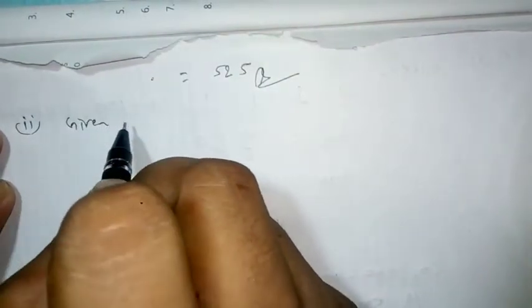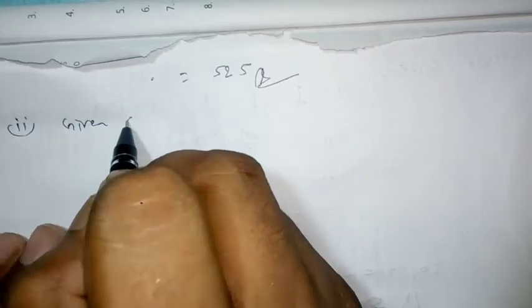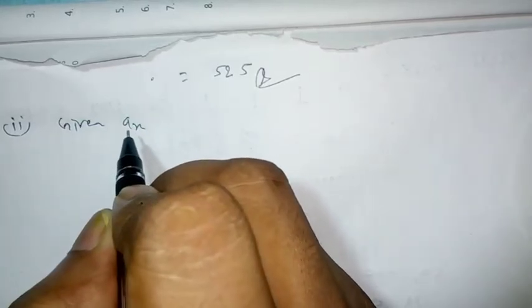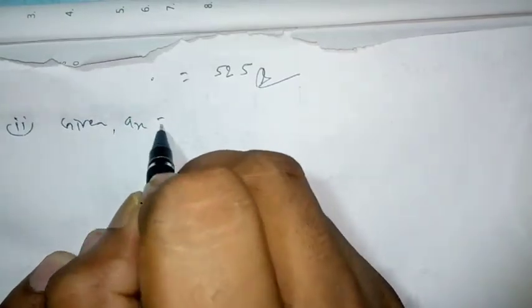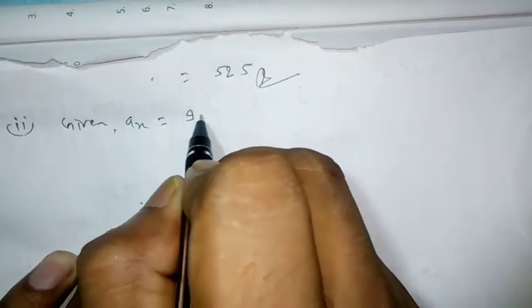The second question. Given an is equal to 9 minus 5n.